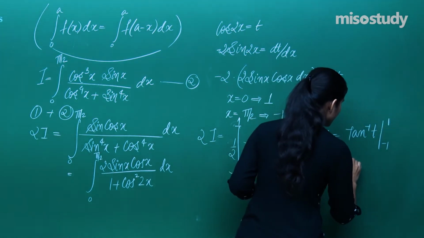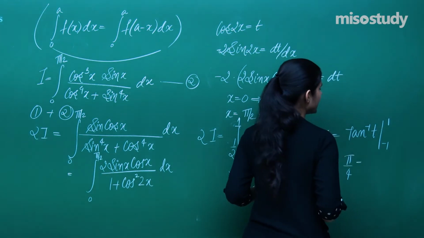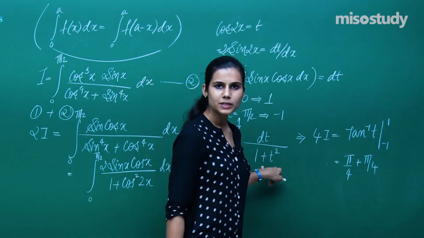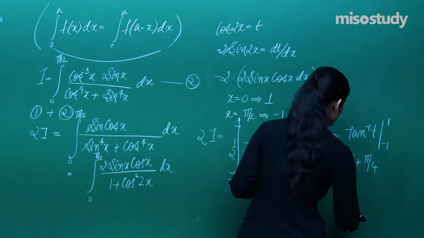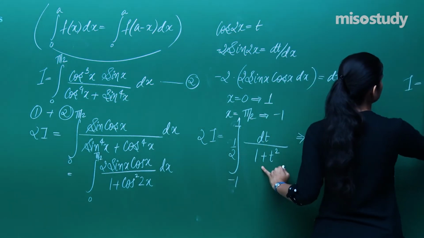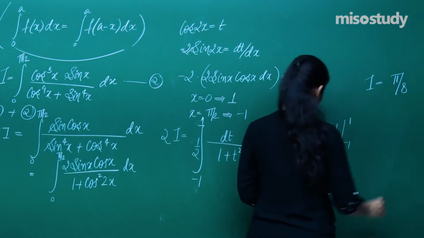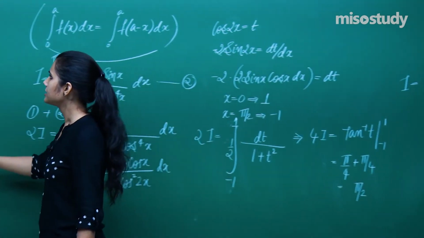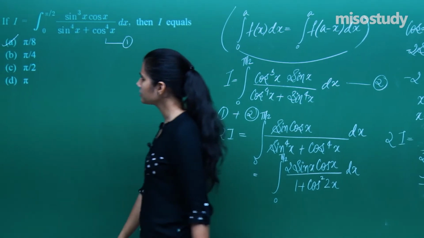Tan inverse 1 is pi by 4 minus tan inverse of minus 1 is minus pi by 4. So this becomes pi by 4 plus pi by 4, 2 pi by 4, which is pi by 2, and therefore I turns out to be pi by 2 into 4, which is pi by 8. So your answer is pi by 8.